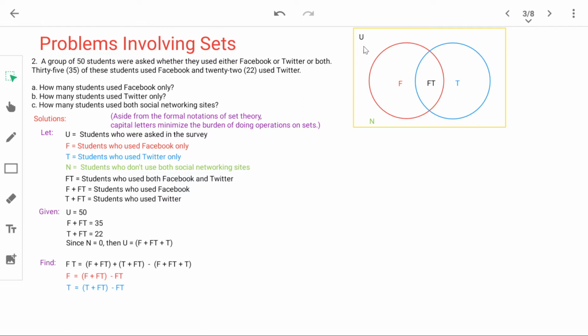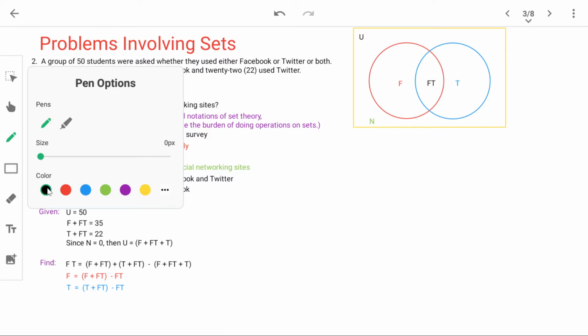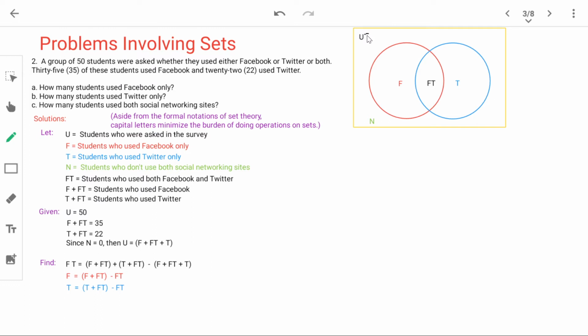So all of them is equal to 50. Okay, 50 students.